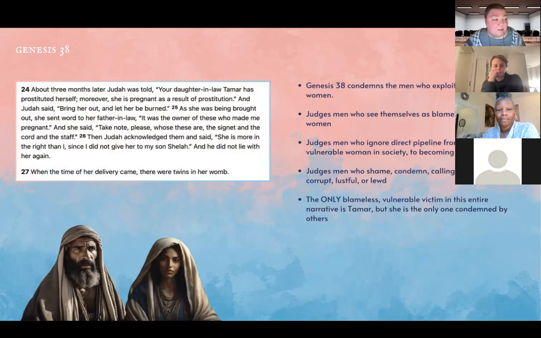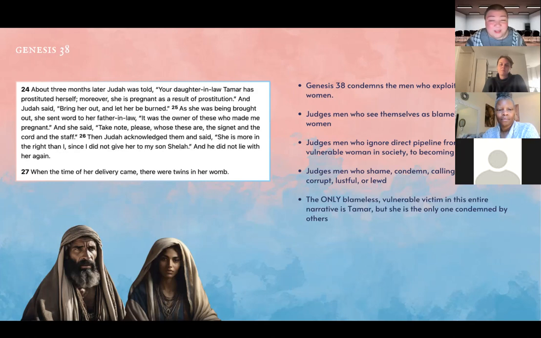Genesis 38 condemns the men who exploit vulnerable women, who see themselves as blameless as they exploit them, submitting women to patriarchal societal roles, while all the while pointing the accusing finger, ignoring the direct pipeline that runs from being neglected and being a vulnerable woman to becoming a prostitute, who is then blamed and shamed in life for her situation, condemned for being so-called corrupt, lustful, or lewd.